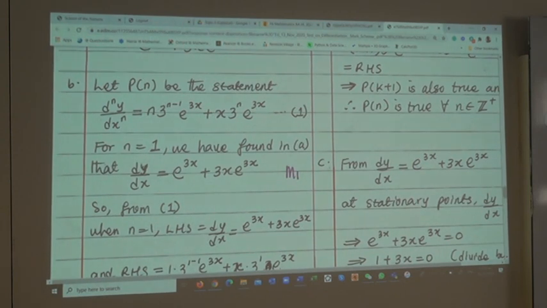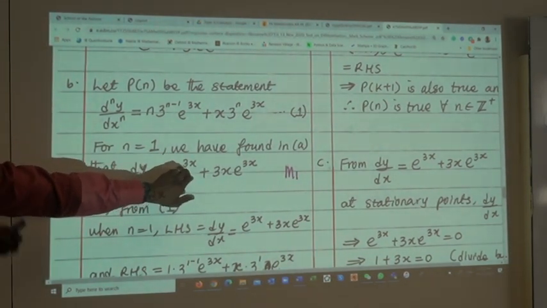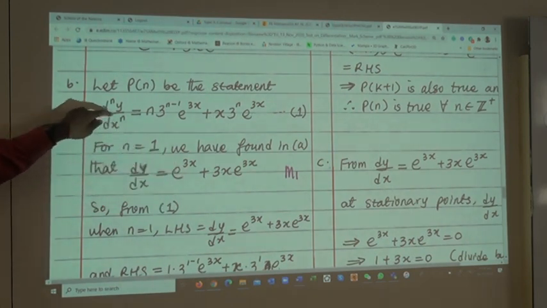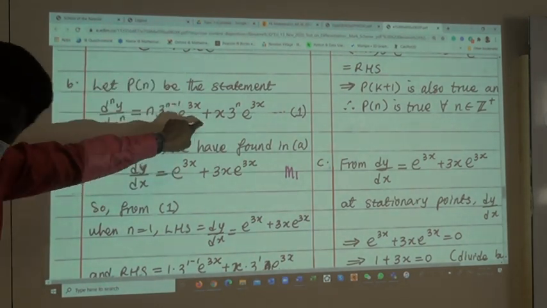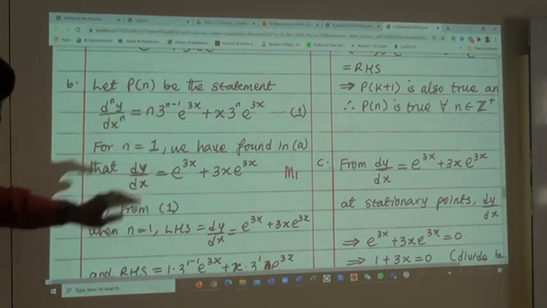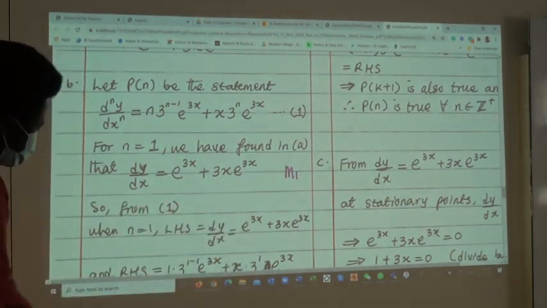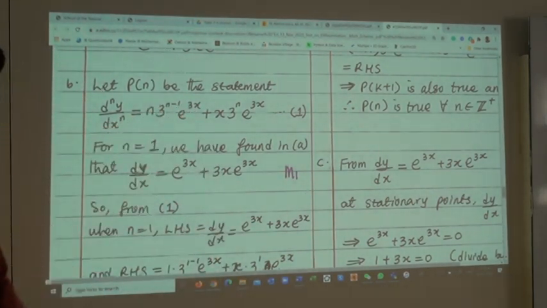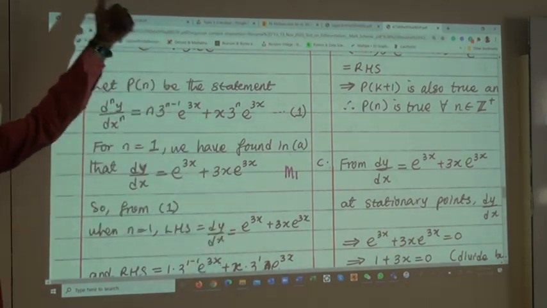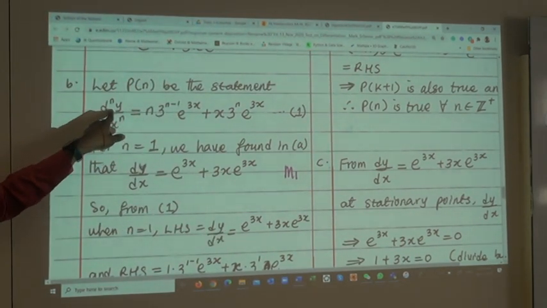Right? Then if you look at it, the left-hand side is this, by differentiating. This means you have to differentiate. This means you just substitute. So your left-hand side is this one. For n is equal to 1, I have this. The right-hand side is when I substitute. The left-hand side is from the previous question, because the left-hand side is differentiate n times, right?